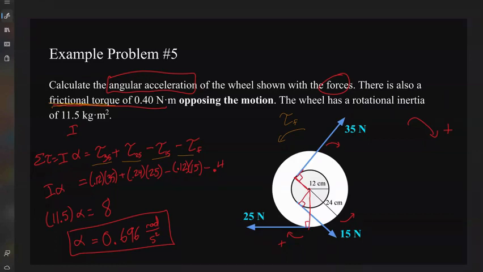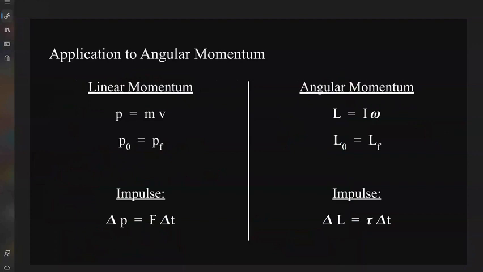All right, we won't get into this application in this video, not mathematically. This is our last slide. So just to tell you that this is coming, linear momentum, right? We did p equals mv, and we've already made that analogy into angular momentum of L equals I omega, where the angular equivalent of mass is I, the angular equivalent of velocity is omega.